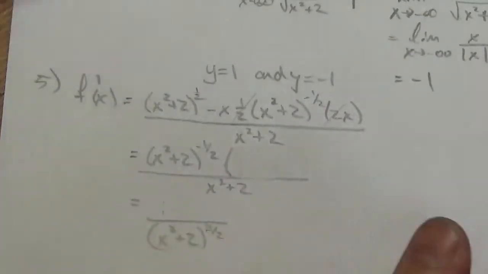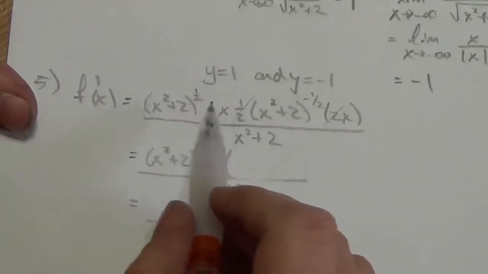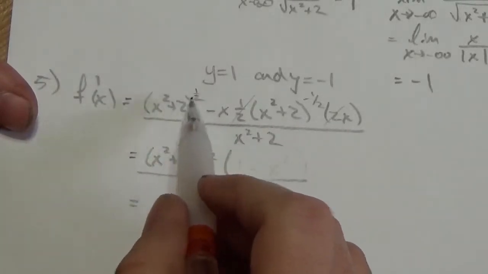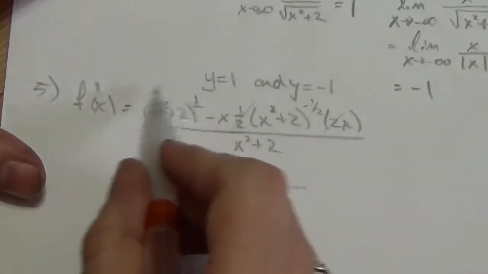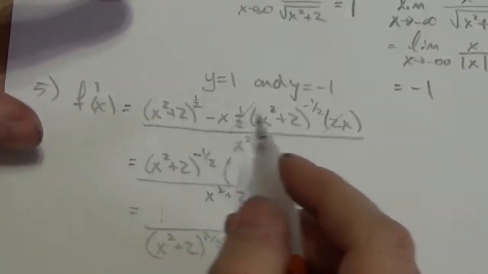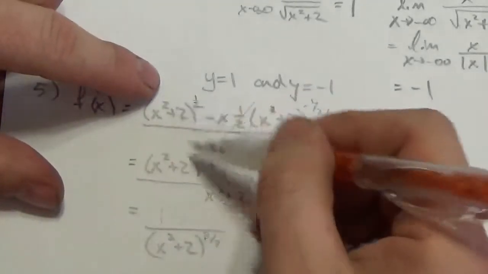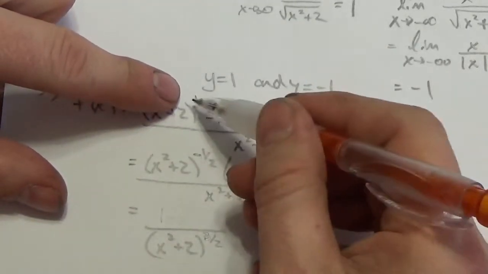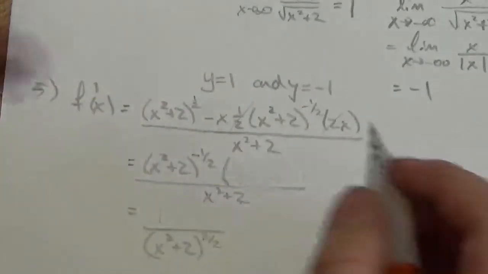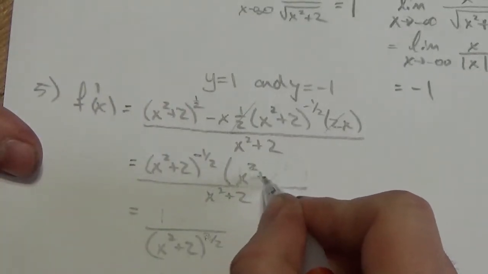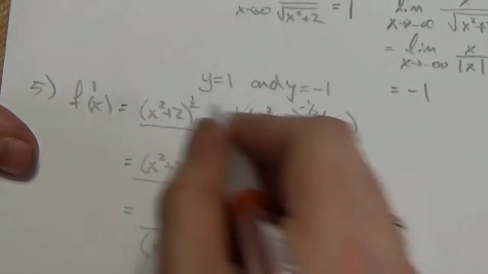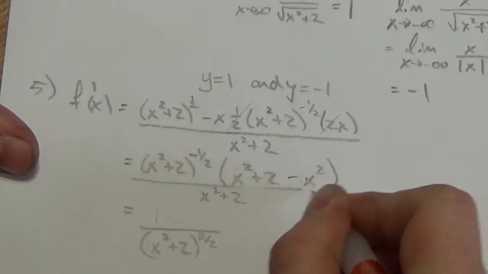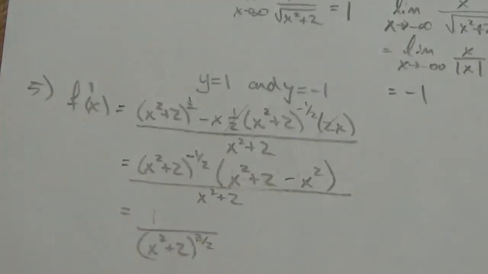I got to go back up a step here. I did not take out x squared plus 2 to the 1/2. I took out x squared plus 2 to the negative 1/2. So when I factor that out of x squared plus 2 to the 1/2, I've got to divide those powers, which means subtracting exponents. And 1/2 minus negative 1/2 is 1. That actually is going to leave me with an x squared plus 2 there, times 1 minus x squared. Oh, this is a lot nicer than I was about to make it. Whoa, wow, I'm glad I caught that.